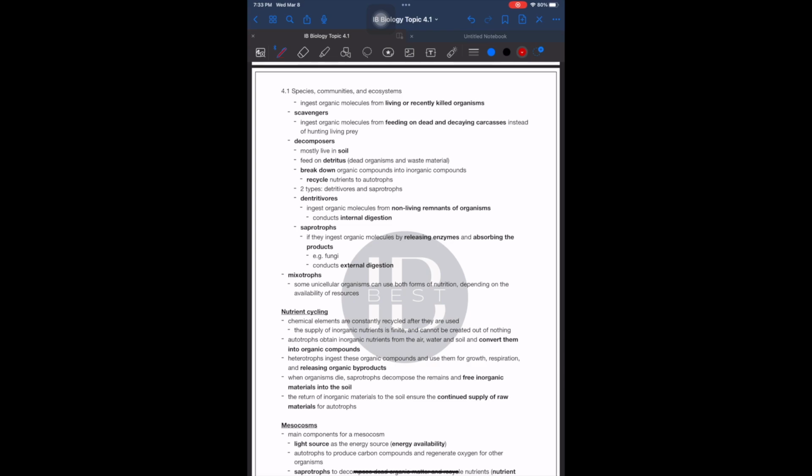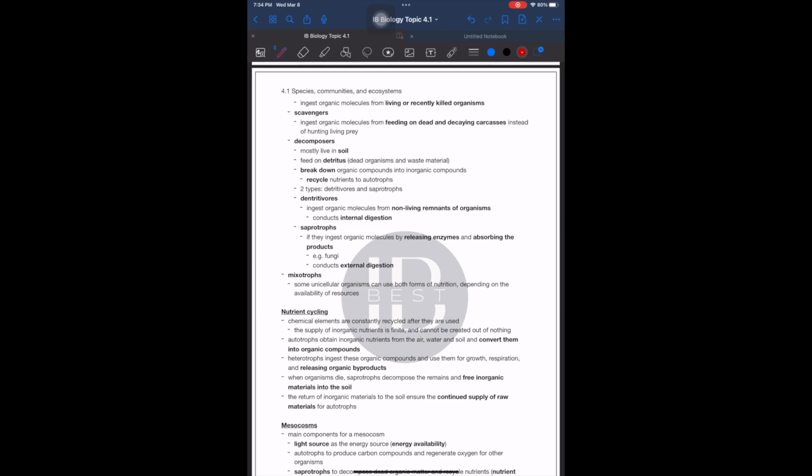The chemical elements are constantly recycled after they are used, and so you would understand that the supply of these inorganic nutrients is finite, and we cannot spontaneously generate these inorganic nutrients from nothing. Therefore the inorganic nutrients go in a cycle where they are changed from autotrophs to heterotrophs to decomposers or saprotrophs, and then they go back into the autotrophs.